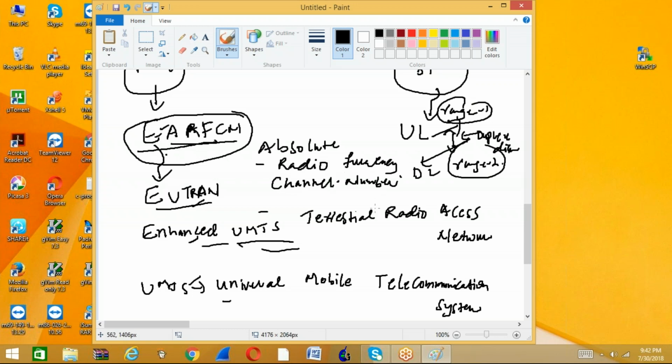Why I told you all this is that it is another name for frequency.